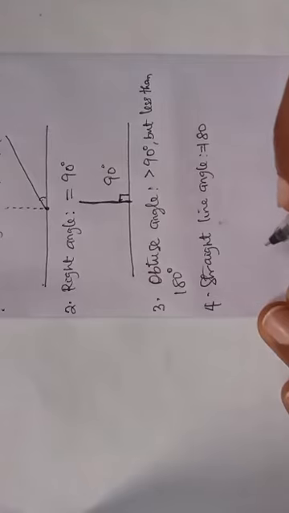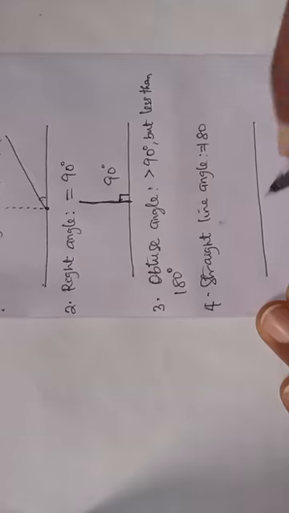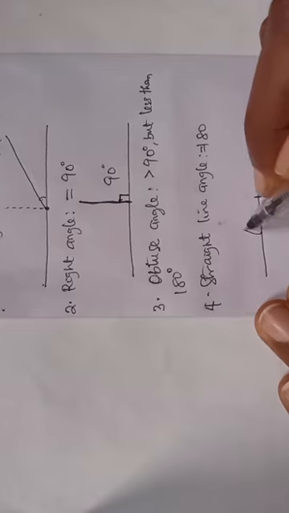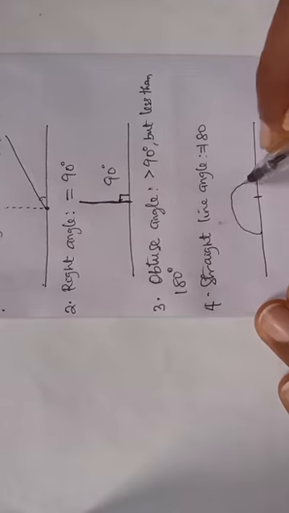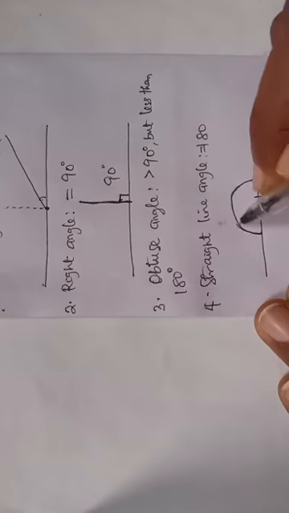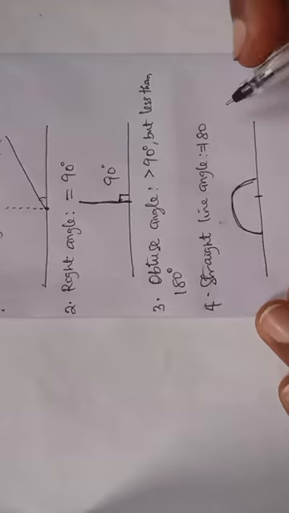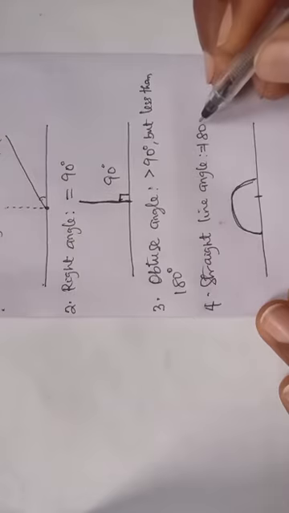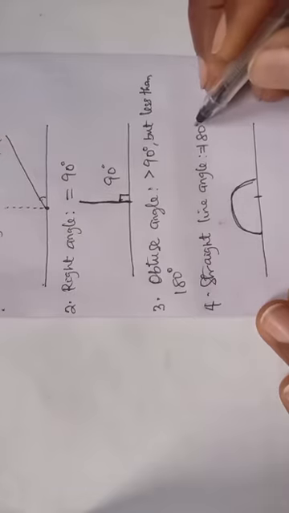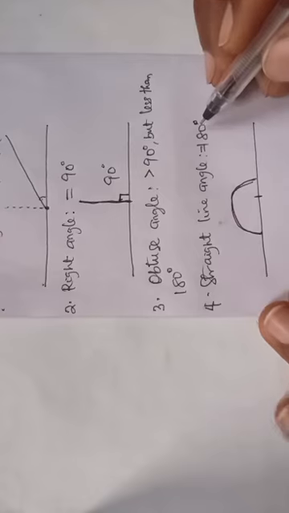This is an angle on a line. This is the center. Any angle formed any place on this line is called a straight line angle and is equal to 180 degrees.